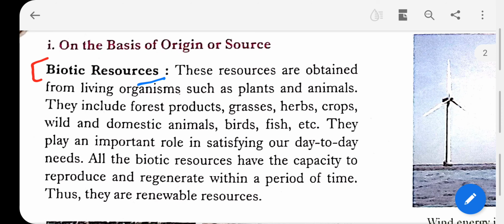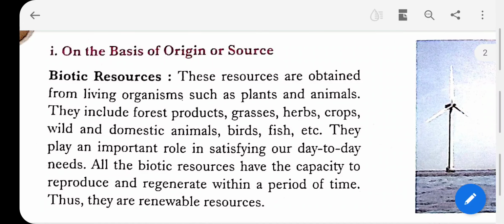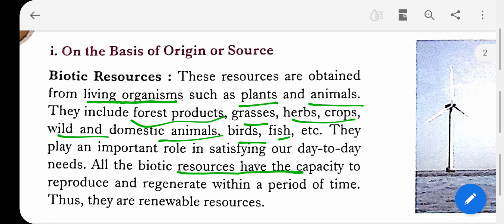Biotic resources are natural resources obtained from living organisms such as plants and animals, and they include forest products, grasses, herbs, crops, wild and domestic animals, birds, fish, etc. All the biotic resources have the capacity to reproduce and regenerate within a period of time. Thus, they are called renewable resources.